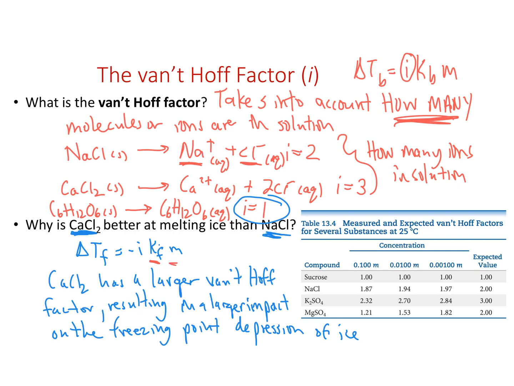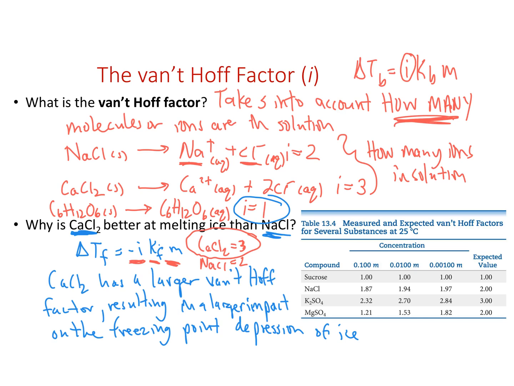If I have equal molalities, if my concentration is equal, for calcium chloride, my Van't Hoff factor is 3. For sodium chloride, my Van't Hoff factor is 2. So I'm either going to multiply by 2 or I'm going to multiply by 3. Obviously 3 is larger, so I'd expect to see a larger impact on the freezing point depression if I was using calcium chloride than I was using sodium chloride.